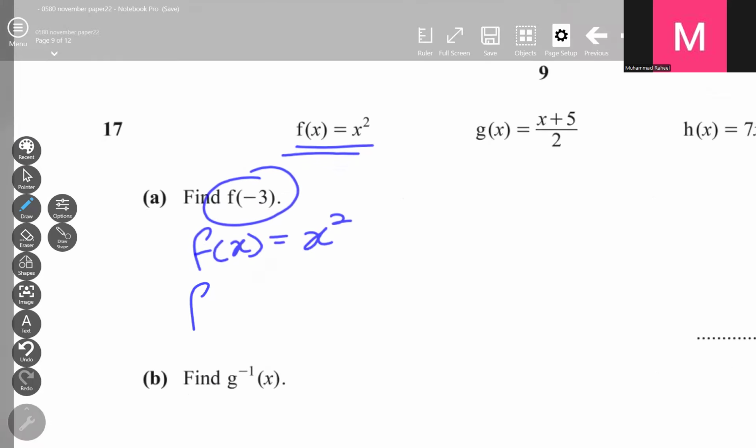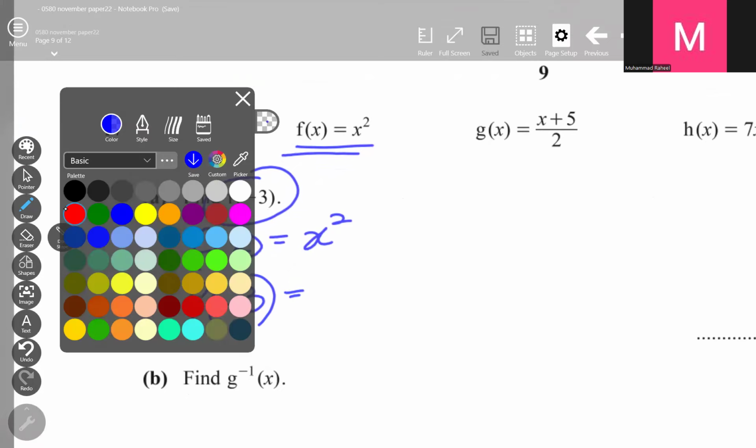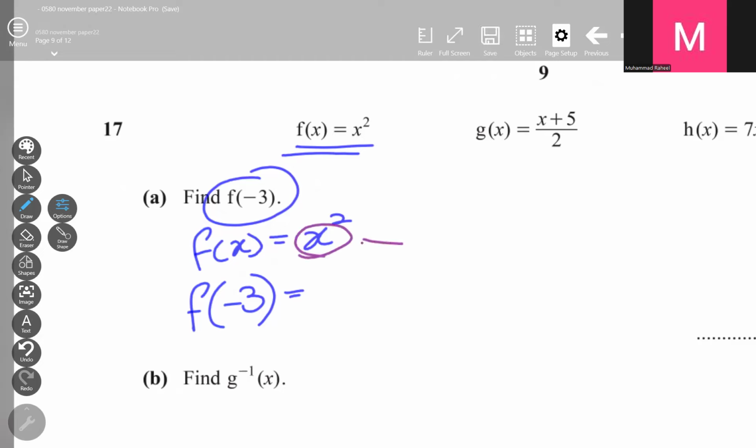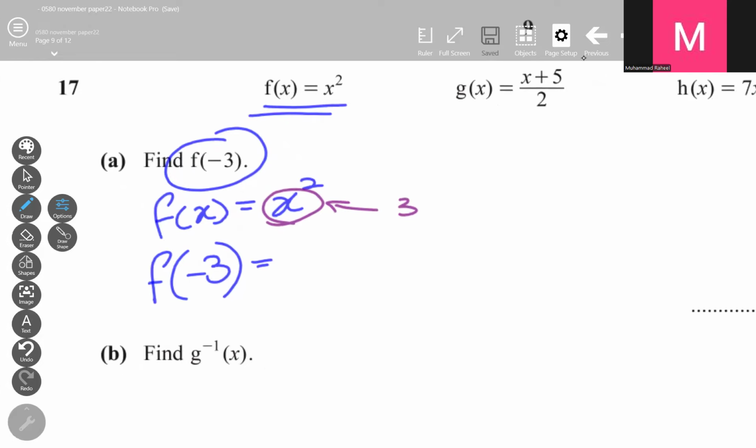How about if we have f of negative 3? It means that we will substitute this x with negative 3. So now we have negative 3 squared.